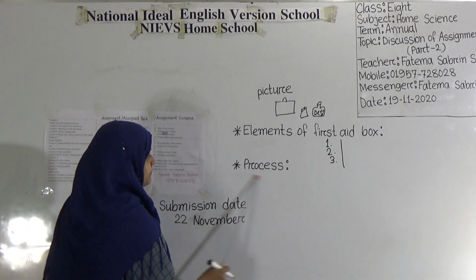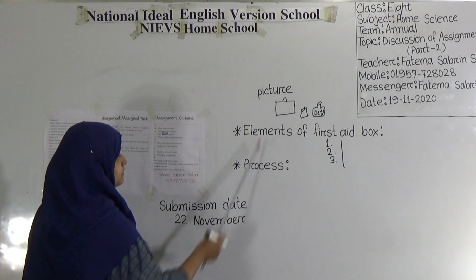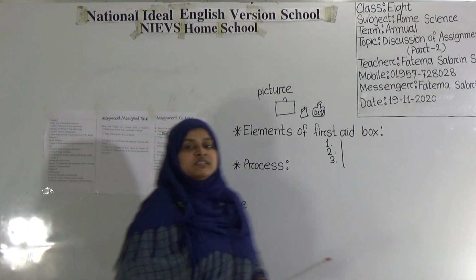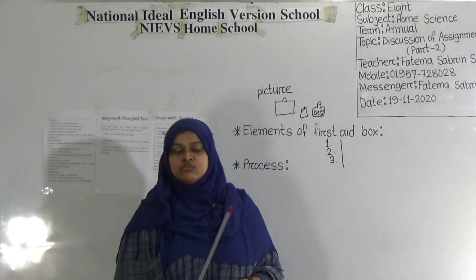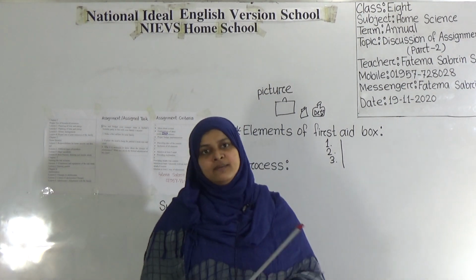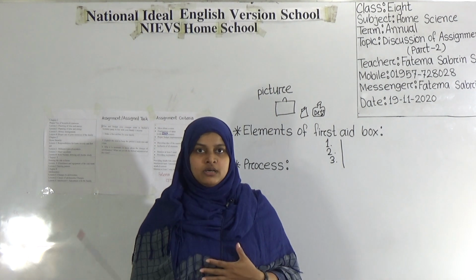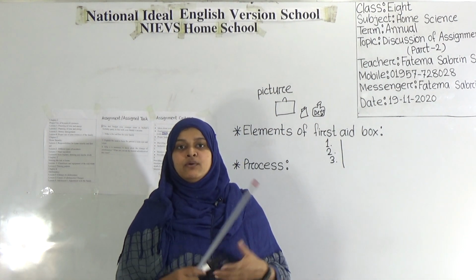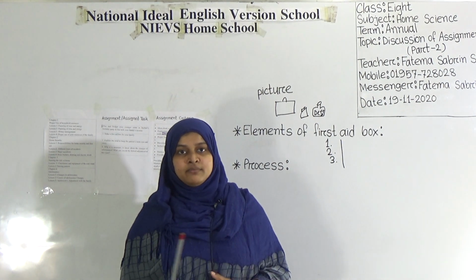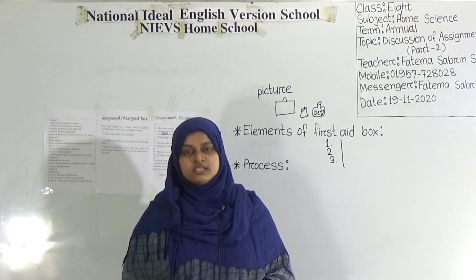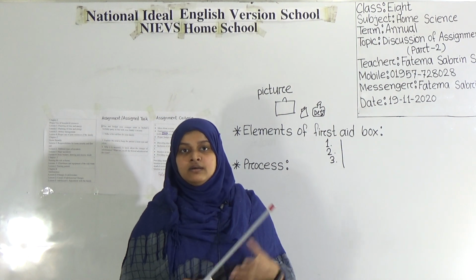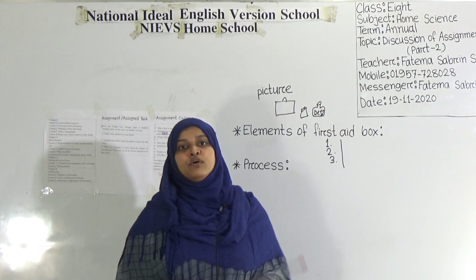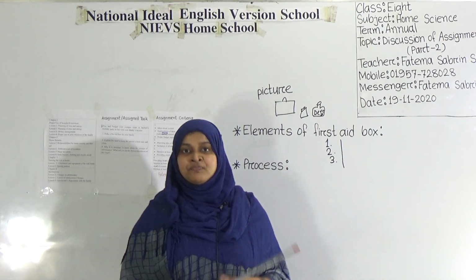Next, you will write the process, how you make the first aid box for your family. Students, here you can write about the box, how you make the box. For every student, you have to explain differently. One can say that I have taken an empty tissue box, and I use the box as the first aid box, and inside the box I keep all the necessary elements.